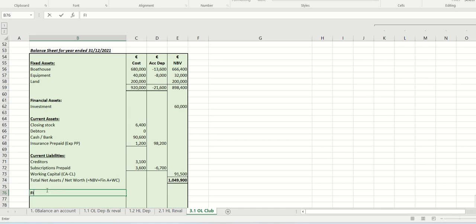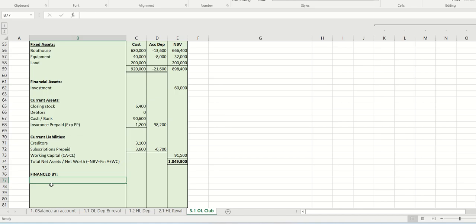Then we're doing the bottom half, the financed by section of our balance sheet. So what goes in here is our capital and reserves and any long-term loans. There's no long-term loans today for us, so we're just going to be putting in our accumulated fund, which we calculated at the start of the year, and then we're going to be adding on our excess income over expenditure.